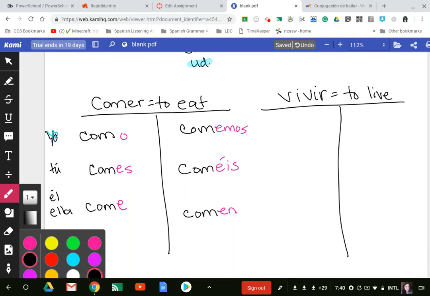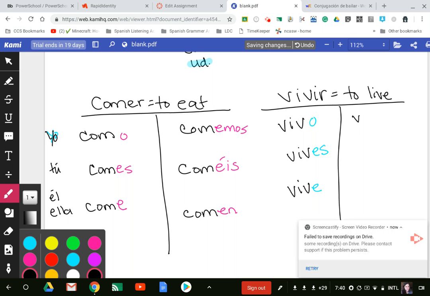For vivir, in the yo form, you have vivo. The tú form, vives. Vive. Nosotros, and this is where it's a little bit different. It would be vivimos.